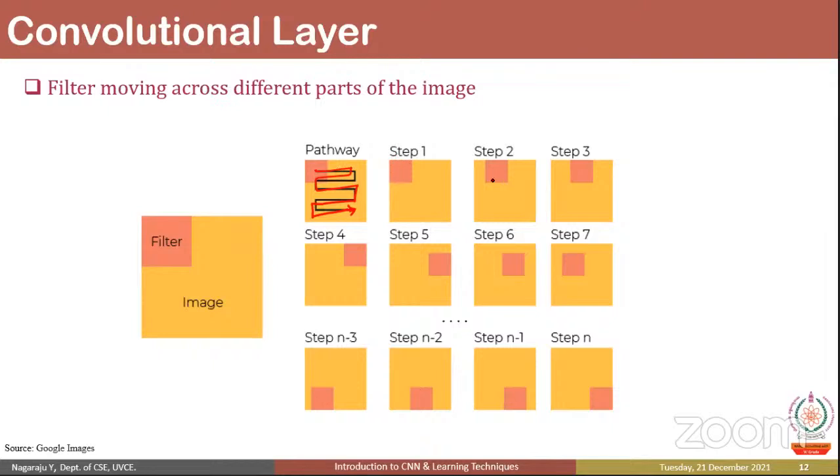So this is step 1, step 2, step 3, step 4, like this. You can observe here the movement of the filter. It was here in the first step, and in the second step it is here. The interval at which we move the filter on the given input is called stride. Based on the stride, we move the filter forward. So this is about how we move the filter across the image.